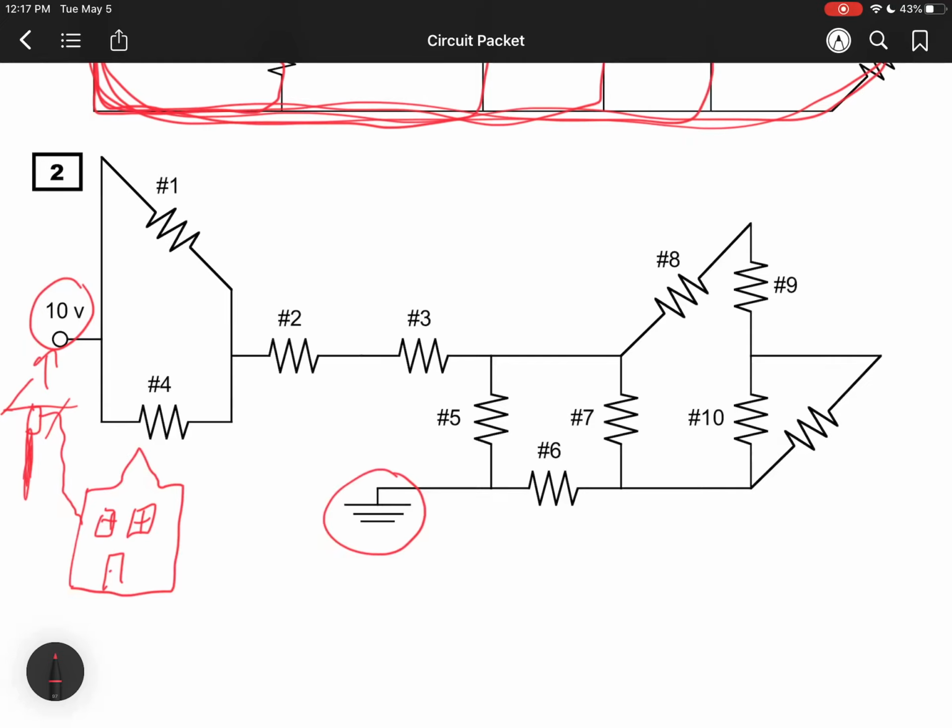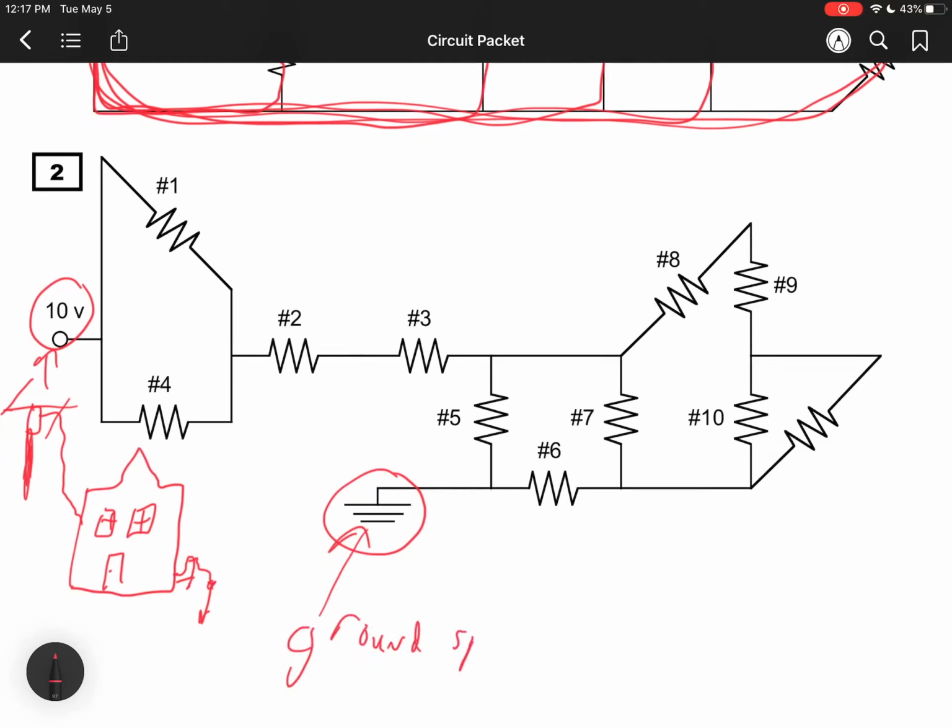Now, outside of your house, where the meter box is, there is also a spike in the ground. And the top of that spike is connected to your house, and that's this. This is the ground spike.